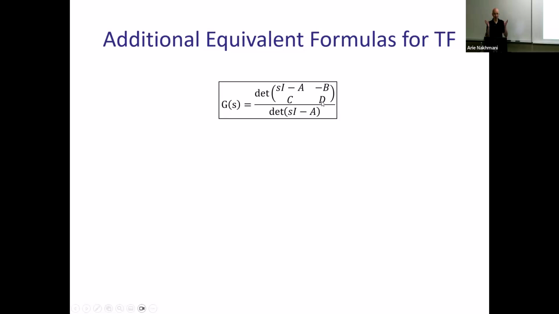Pay attention that they are also not square blocks, because C is a row vector, D is a number, B is a vector like that, and sI minus A is a square matrix, right? Which means that for SISO systems, this matrix will be of order n plus 1, right? Because you're adding the n by n matrix block, plus a single row of C here. So it will be n plus 1.